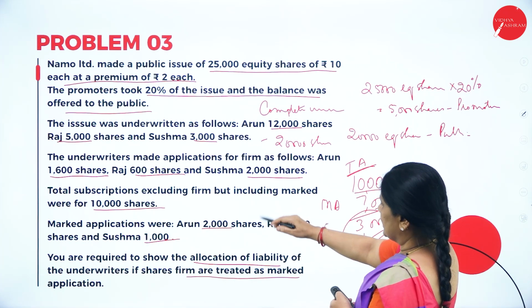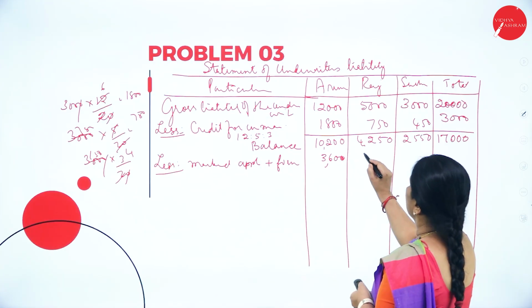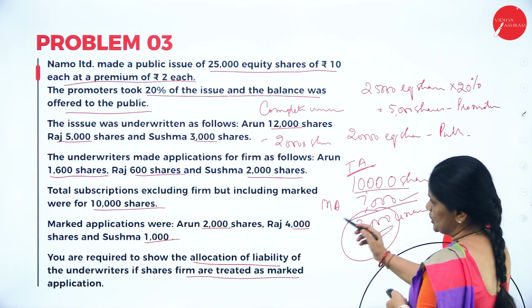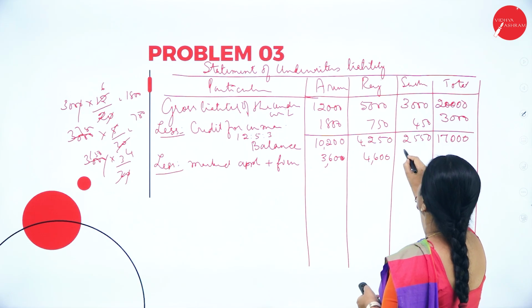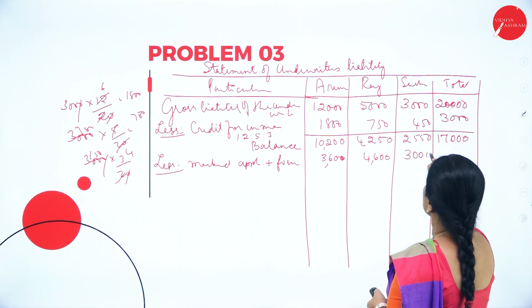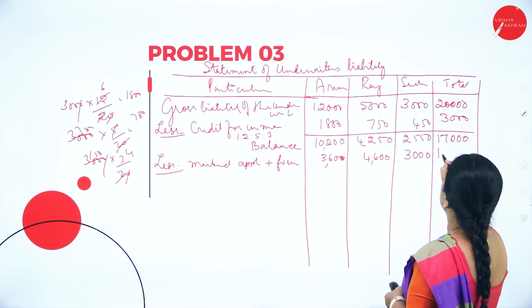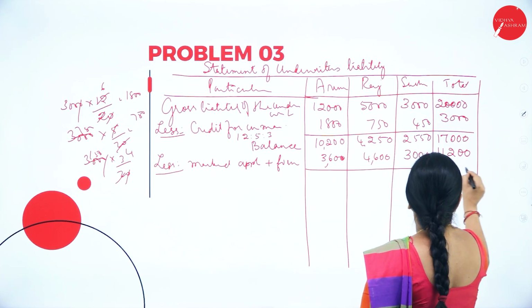For Raj, it is 4,000 plus 600, 4,600. For Sushma, it is 1,000 plus 2,000, 3,000. So totally it comes up to 11,200. Now I deduct this.